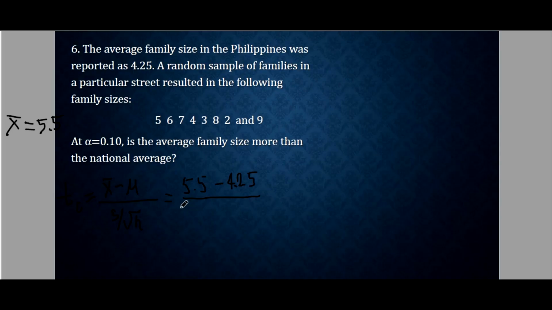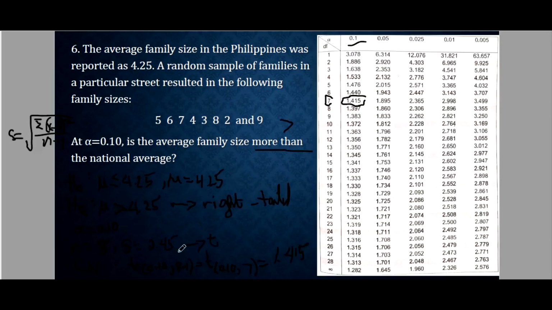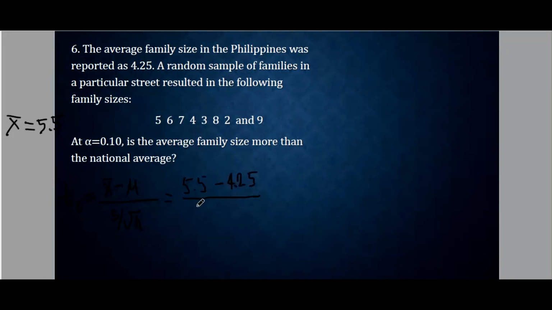And we have the sample standard deviation. What is the sample standard deviation? It's 2.45, divided by square root of 8, since there are 8 values.